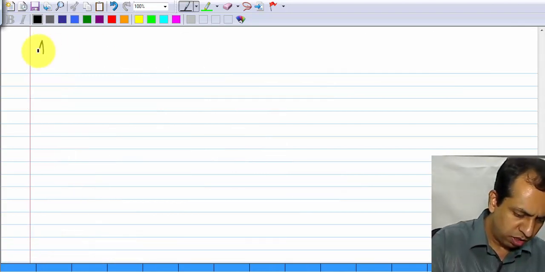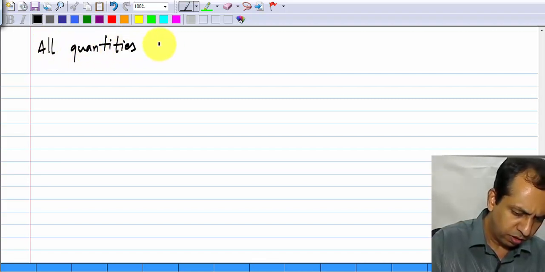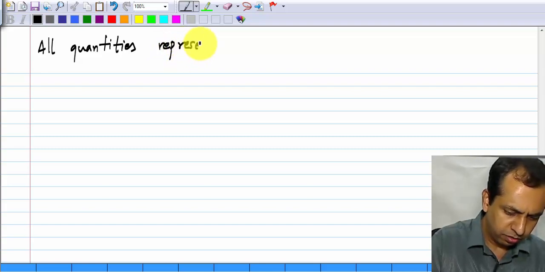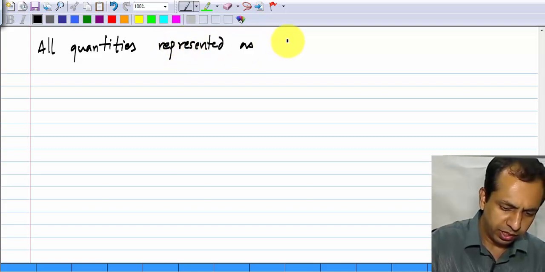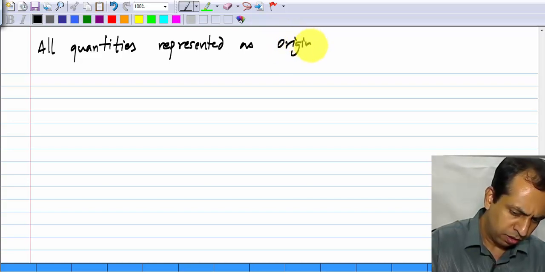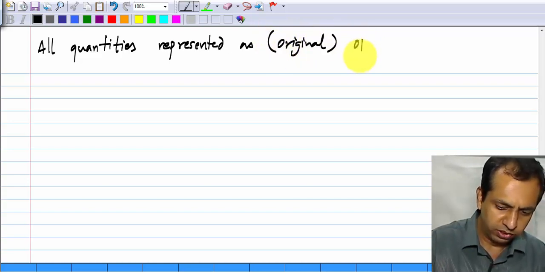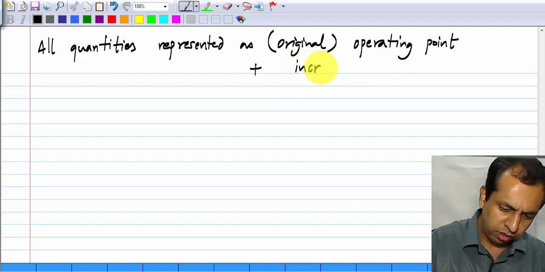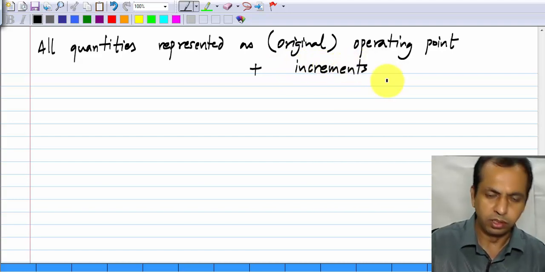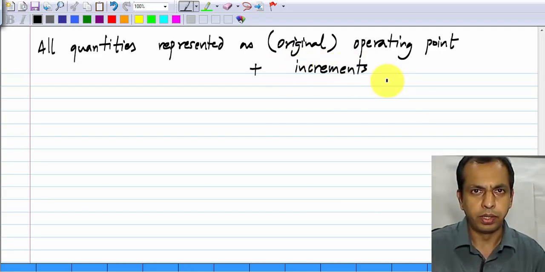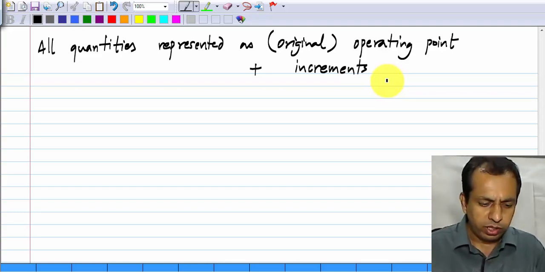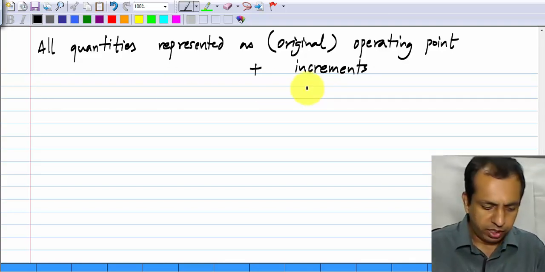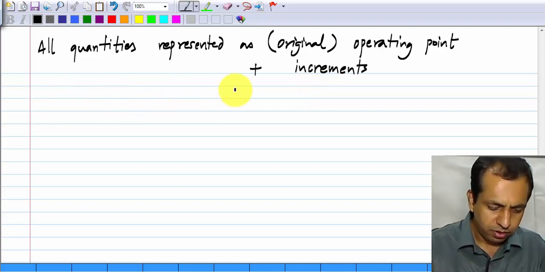So all quantities are represented as the original value, which of course is called the operating point, plus increments over the operating point. Now I can write my equations in terms of these definitions.